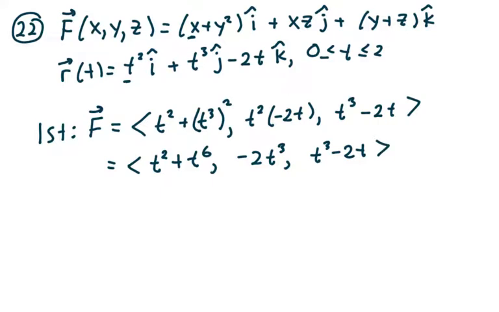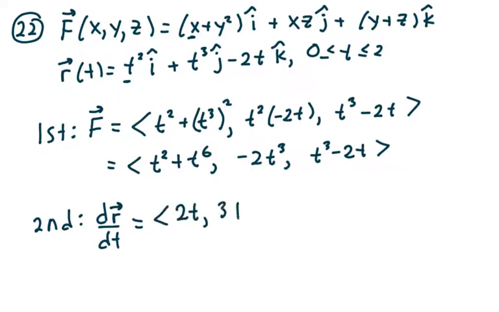So we're doing the hard work essentially up front. So if I look at the second step here, I need dr dt. Well, essentially, I'm just going to take the derivative of each of the components. So I get 2t, 3t squared, negative 2.